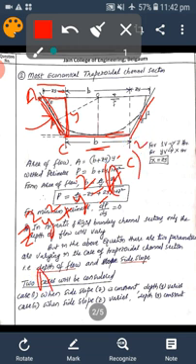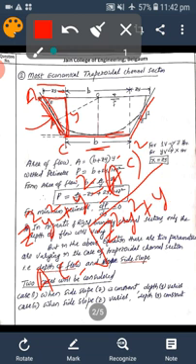Then AC will be the root of Z square Y square plus Y square. Y will come out, that is Y root of 1 plus Z square.